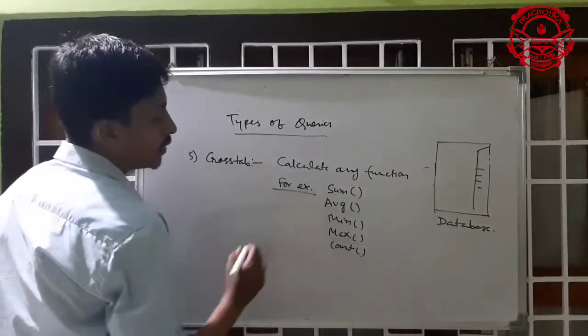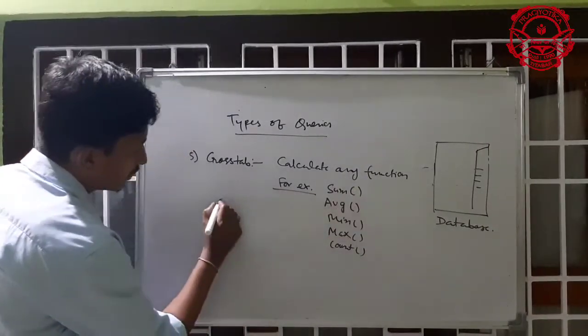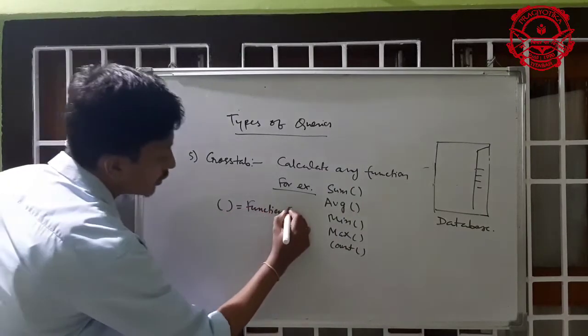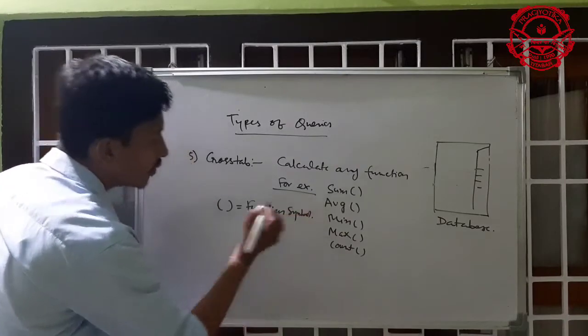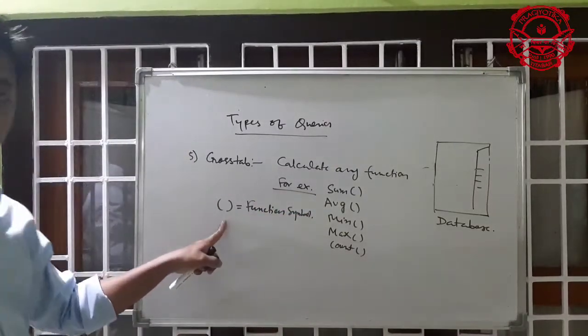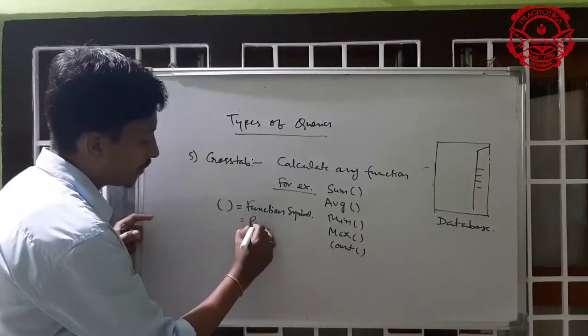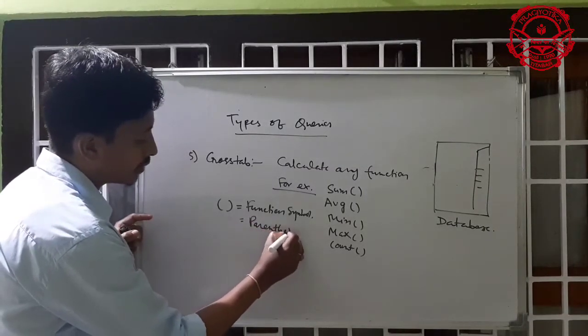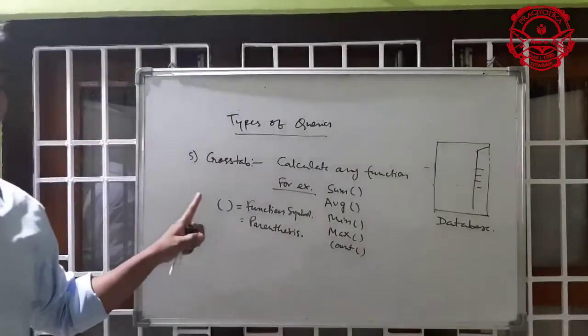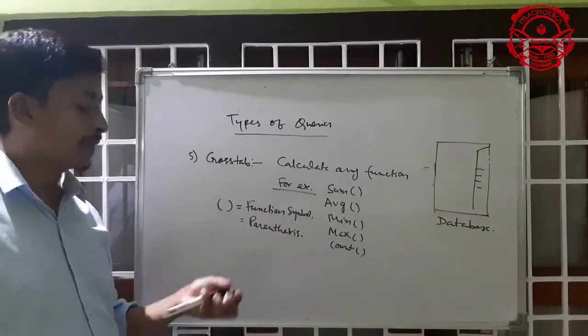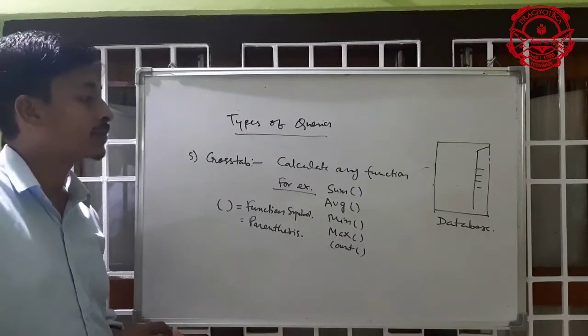Okay, you can see here, this is called the function symbol. This is called parenthesis. It is also called a function symbol. So in the cross tab query, you can calculate any types of functions.